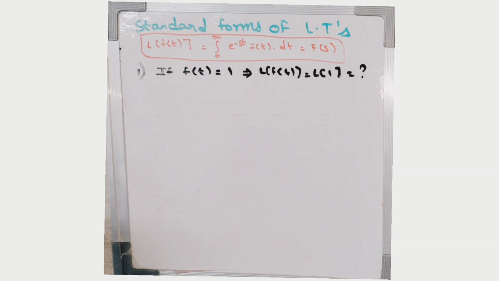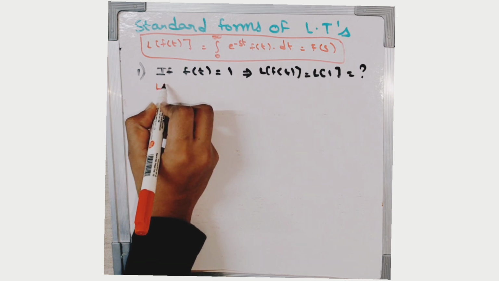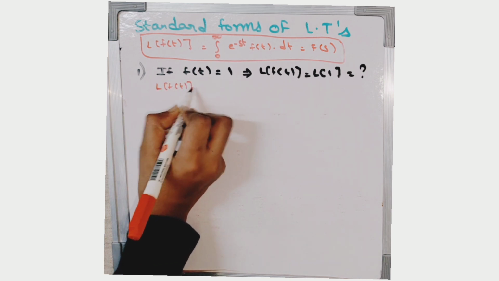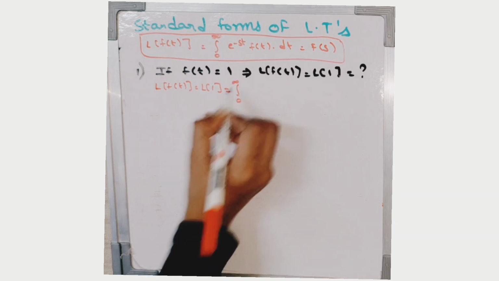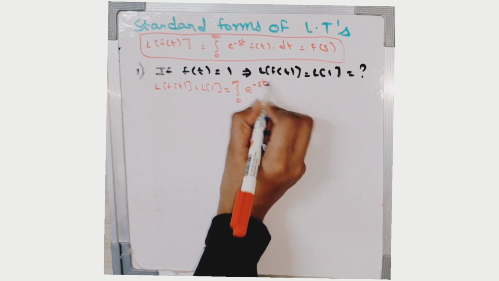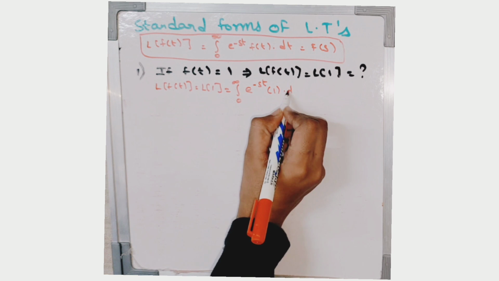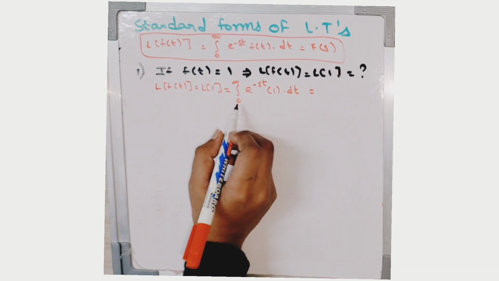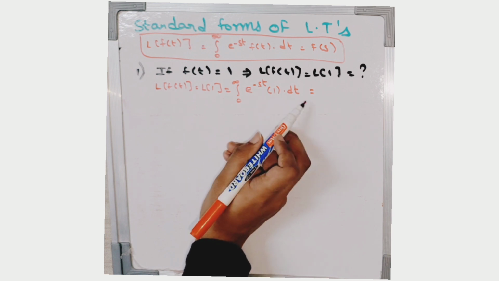We know the formula: Laplace transform of 1 equals integral 0 to infinity e power minus st into f of t, where f of t is 1, into dt. So integral 0 to infinity e power minus st dt.